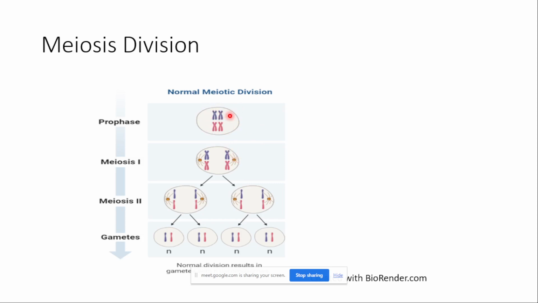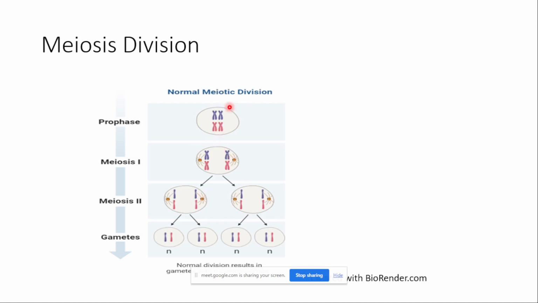These two violet are a homologous pair, these two red are a homologous pair. So it is important that in meiosis 1 prophase 1 the homologous chromosomes should be aligned to each other. And one of the major reasons for the proper alignment is proper crossing over or proper sister chromatid exchange.